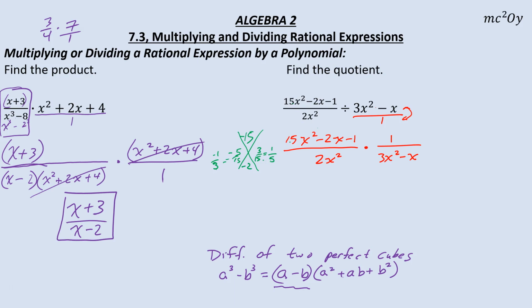So I'm left with the denominators coming out front, so we have 5x plus 1 and 3x minus 1. Notice your denominator goes out in front. The minus 1 is your back number.